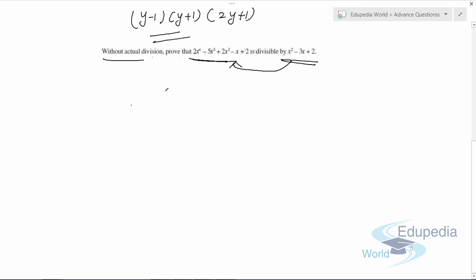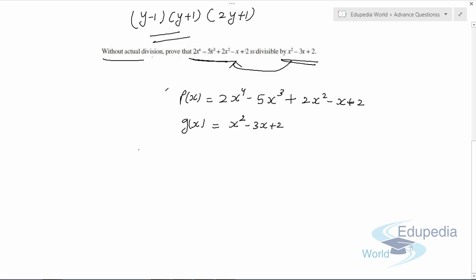So how will you do it? Let p of x equal 2x raised to power 4 minus 5x cube plus 2x square minus x plus 2, and we have another polynomial g of x equal to x square minus 3x plus 2.